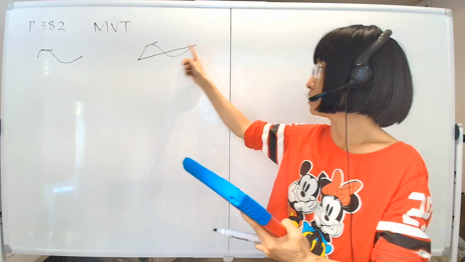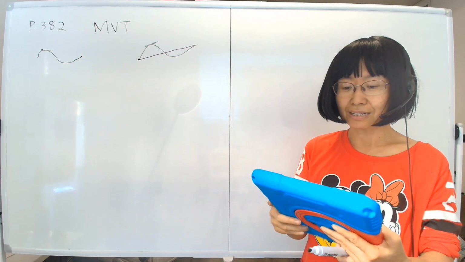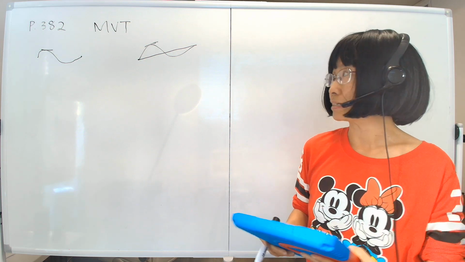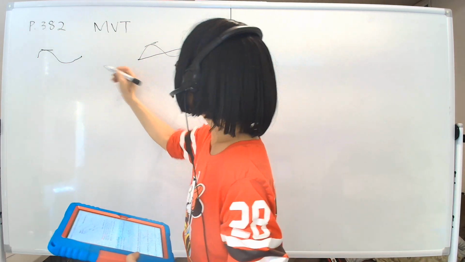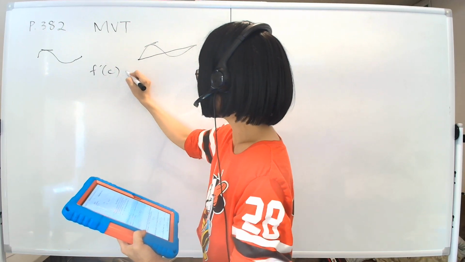The slope of here is rise over run, which in math is f of b minus f of a over b minus a.